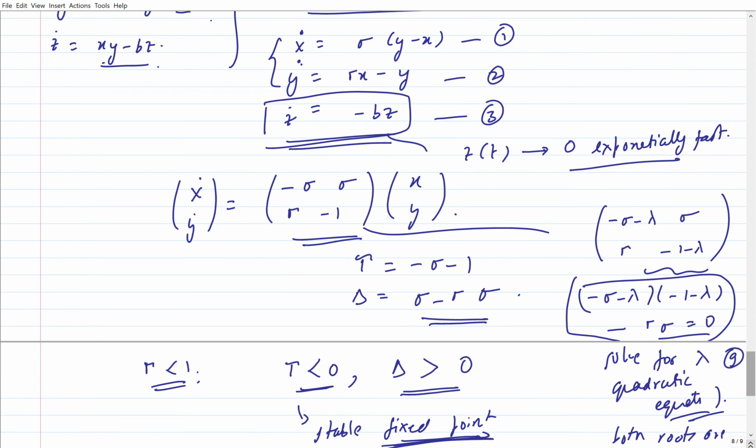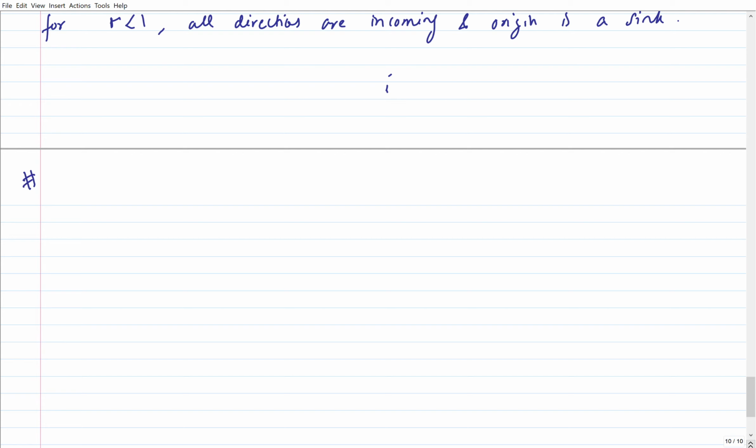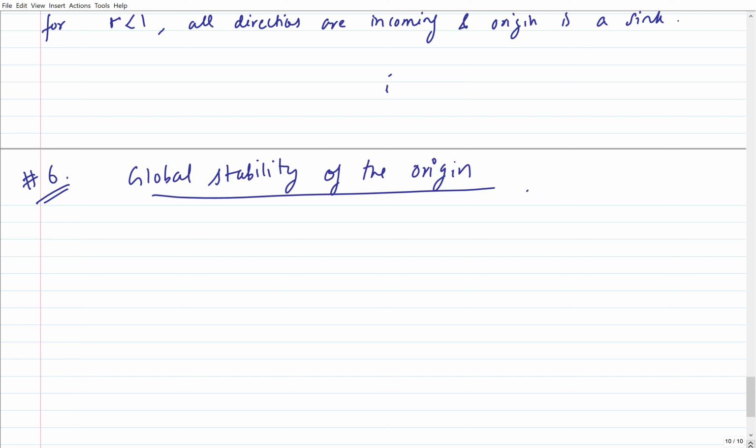Now global stability of the origin, for r less than 1. So the origin is globally stable.